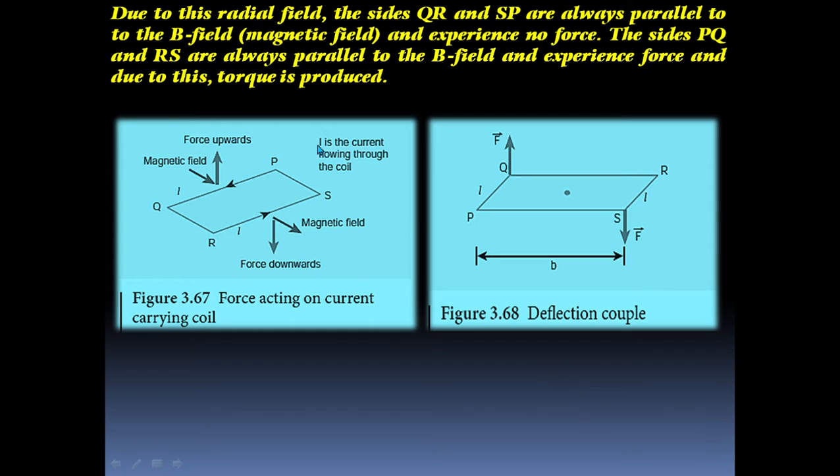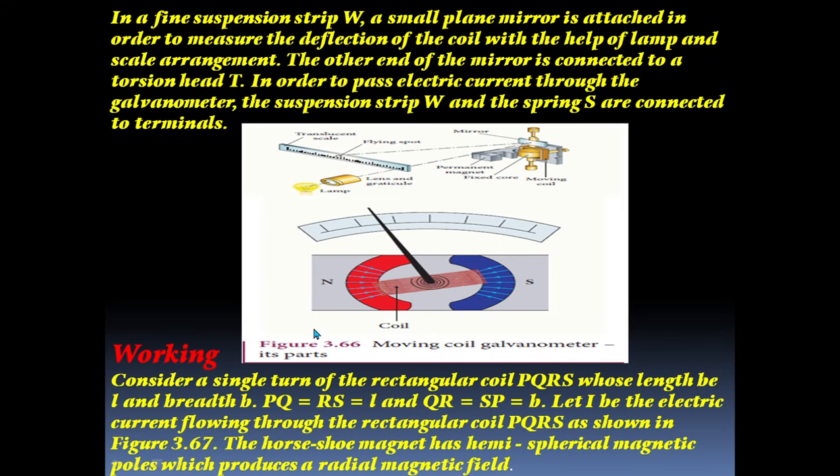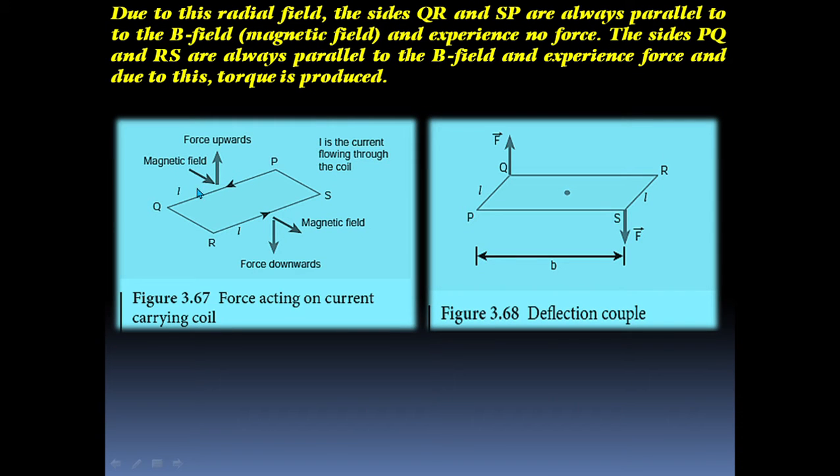Then working. Consider a single turn of the rectangular coil PQRS. This is the rectangular coil PQRS, with length L and breadth B. PQ is equal to RS is equal to L. Here PQ and RS are the length of the rectangular coil.